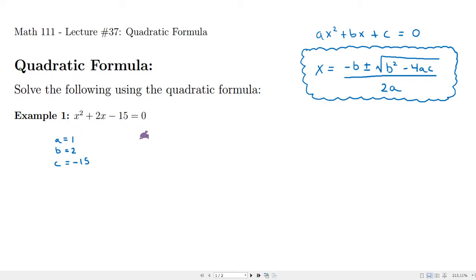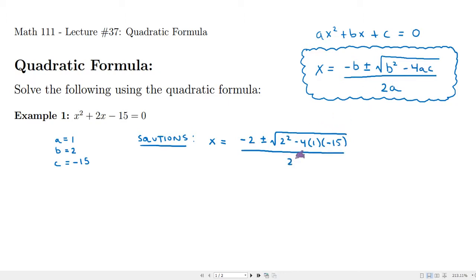So now we use these to get our solutions. So the solutions are x is equal to negative b, so negative 2, plus or minus the square root of b squared, so 2 squared, minus 4 times 1 times c, so negative 4ac, and then divided by 2a, so divided by 2 times 1.